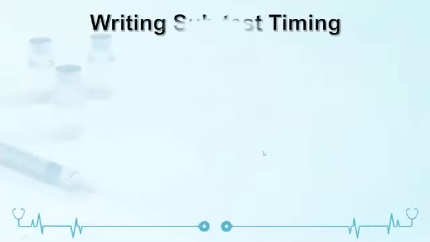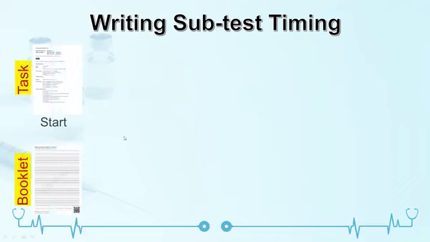The last thing regarding the writing subtest is timing. Once the test has started, you will receive these 2 papers. The first one is the task, and this is the answer booklet.